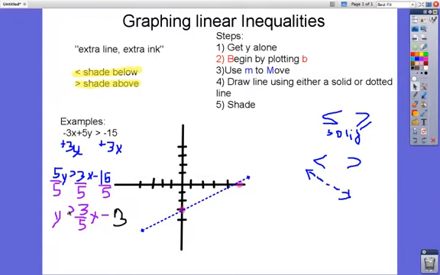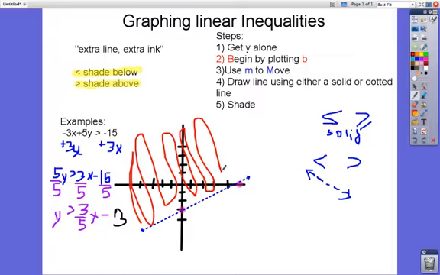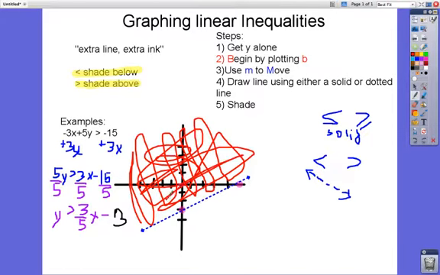So anytime we have a greater than, we shade above the line, just like it says up here. So everybody needs to shade everything above this line here. So all of these points in here are answers, which is why we shade. It just shows that everything satisfies the inequality.